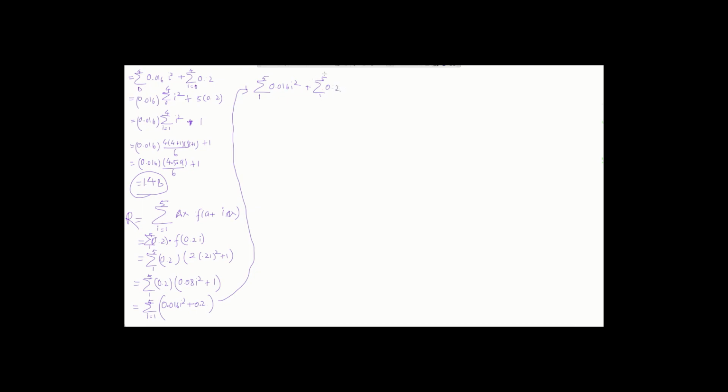The formula says that this is 5 times 0.2, that will be 1. You see that? And for the first one, you can pull 0.016 out, and then do the sum of i square, 1 through 5, right? What is the formula for i square? It is n times n plus 1 times 2n plus 1 over 6. So what is n? N is 5.